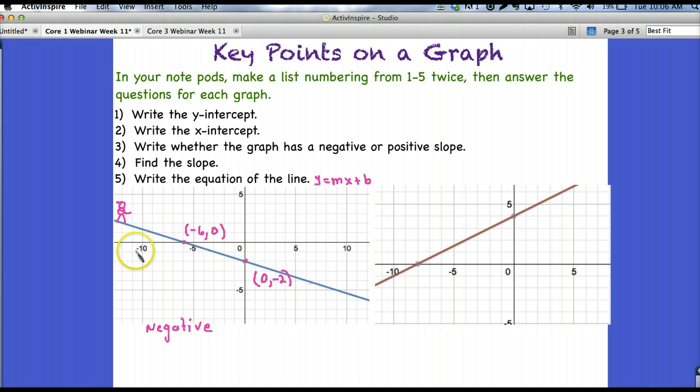That was number 3. And we determined that when you look at a graph, you look at it from left to right, and this line is dropping down from left to right. Okay, so it had to be negative. Okay, so that's all we've looked at so far. So are there any questions on those 3 things?